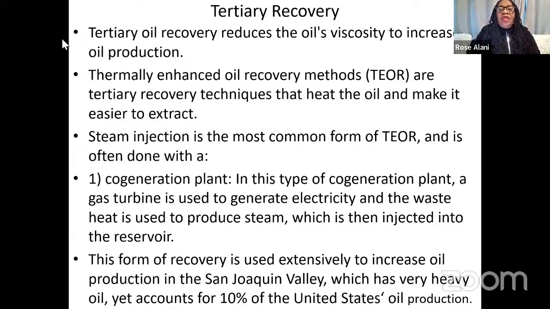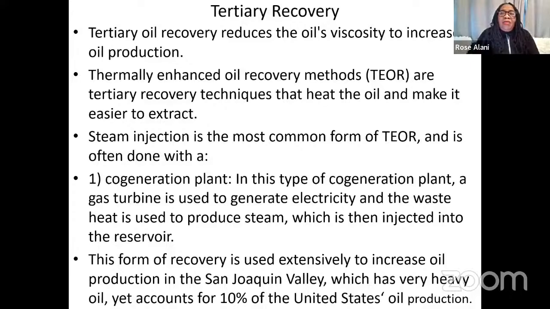In this case, thermally enhanced oil recovery methods are tertiary recovery techniques that heat the oil and make it easier to extract. Provide a form of heat to the oil well, and then the viscosity of the oil will reduce, and the oil will be able to flow out easily.